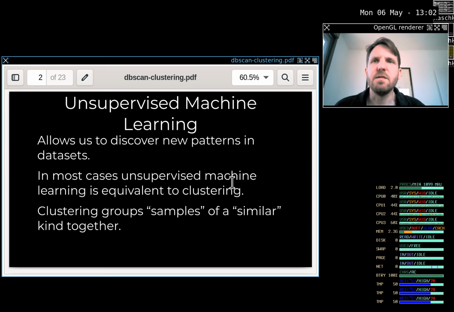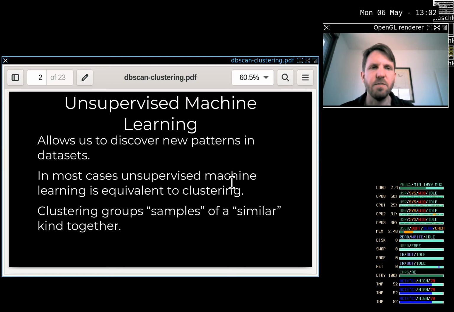Let's say 15,000 of them are from cats, 5,000 of them are dogs, and then hopefully a clustering algorithm will find that the cats all group together and the dogs all group together without telling the machine beforehand this is a cat or this is a dog image. Yeah, this is what this is all about. So grouping objects that have similar features, so that they belong to the same group together.